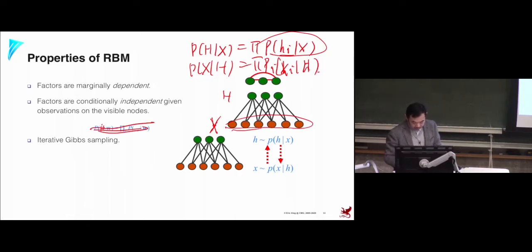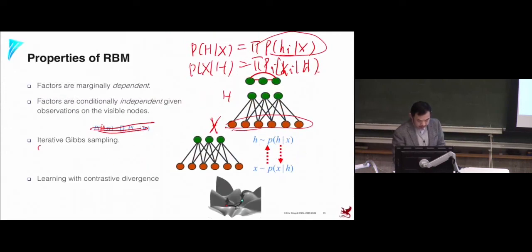And that was the original incentive. And it enables the algorithm called iterative Gibbs sampling, which we are going to run into in the future. But the idea about iterative Gibbs sampling exactly comes from the conditional independence properties, which allows you to save some work.